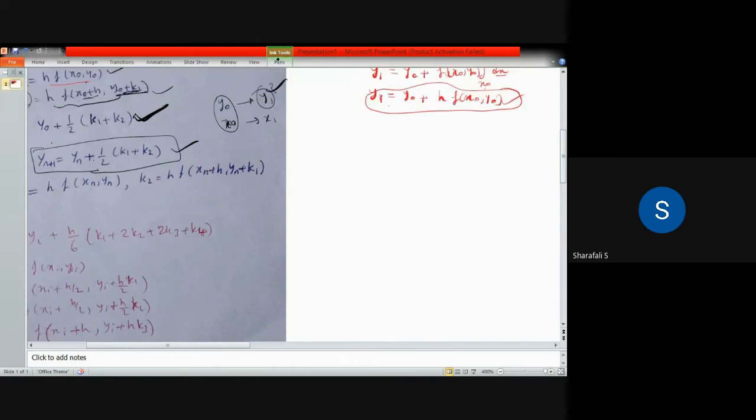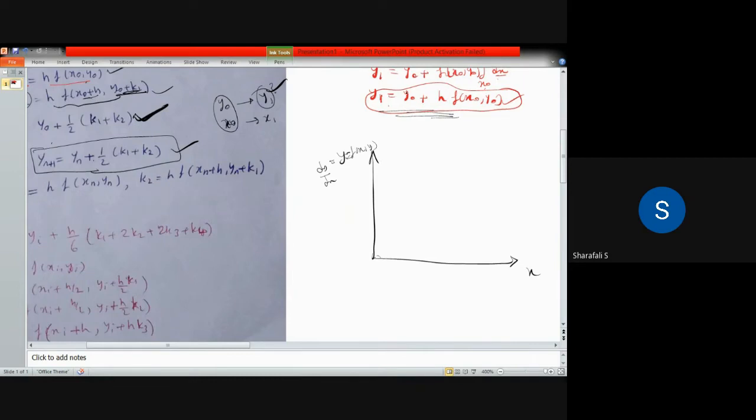So what does that mean? For example, if you consider Euler's method, you have this particular equation. In this equation, you can see what is y1 and y0. From this equation, Euler's method, you can see this is your x, this is your y, this is also your f of x comma y, and this is also your dy by dx.